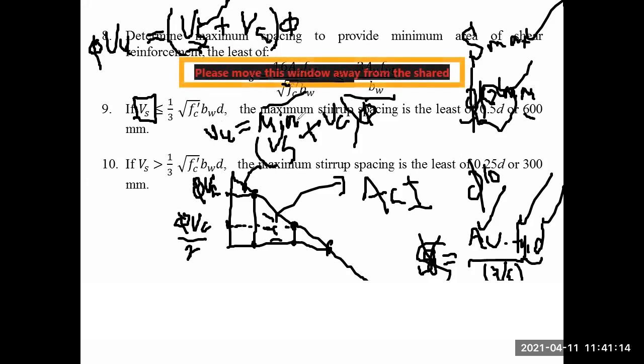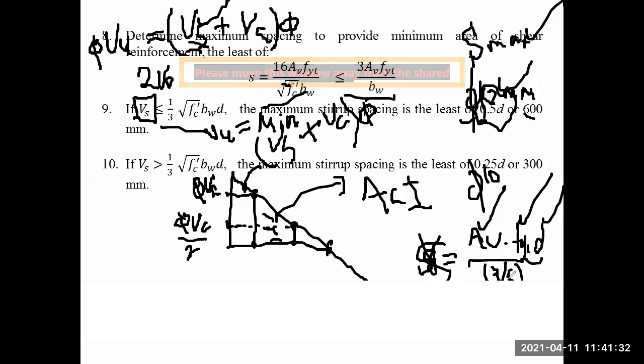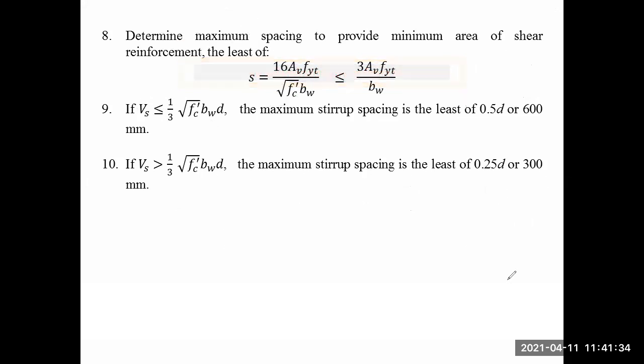That's why we calculate Vs. And the Vs, we need to compare if it is greater or less, because it is already less than the 2 Vc. It's already less than the 2 Vc, right? Yes. Okay, so that's the only thing that I needed to convey to you.